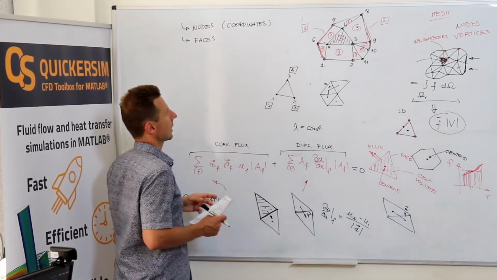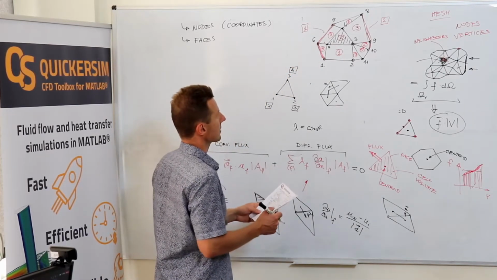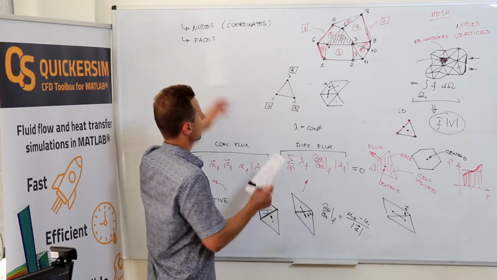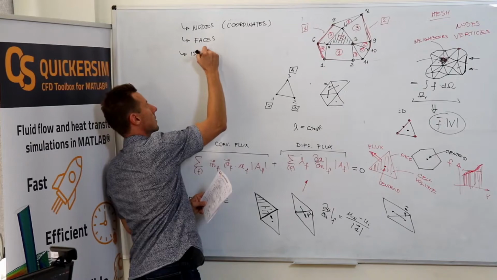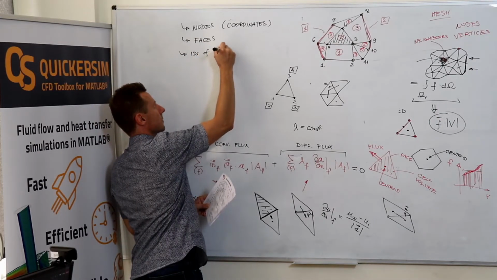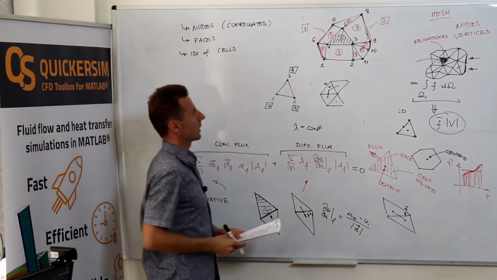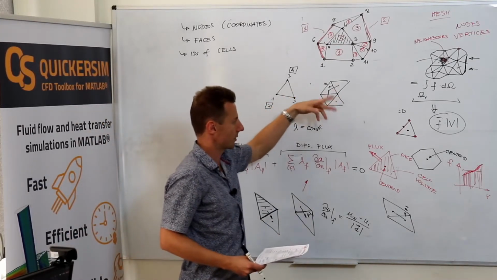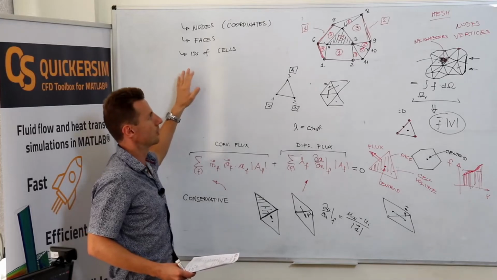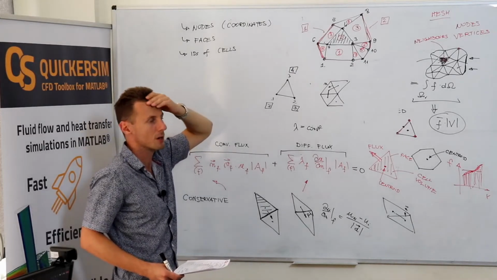Why? Something that is extremely clear, you need to store IDs of volumes of cells. Why? Because you need to prepare the solution vector, so you need to know how many cells you've got in your mesh.